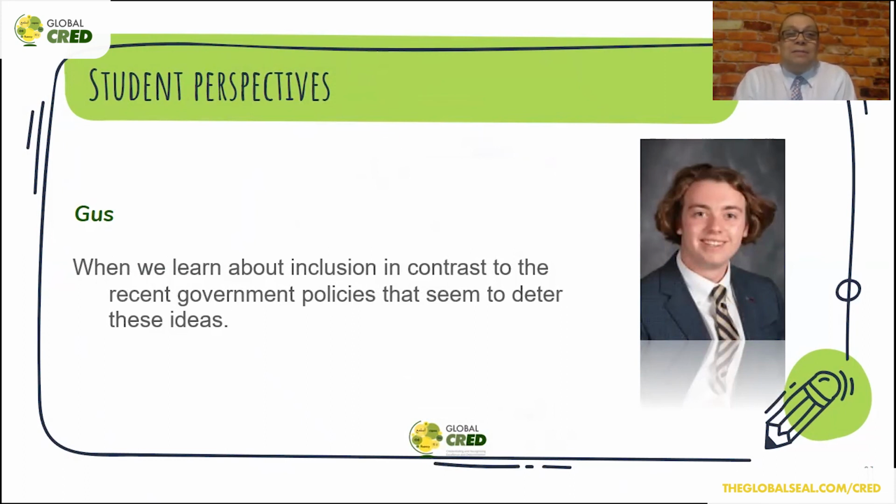And I know that sometimes that sounds political and sometimes it's better to avoid these things, but if you can exemplify what's going on in the current world with what was going on during the Middle Ages, students like, man, this is repeating again. So what Gus said is quite important.